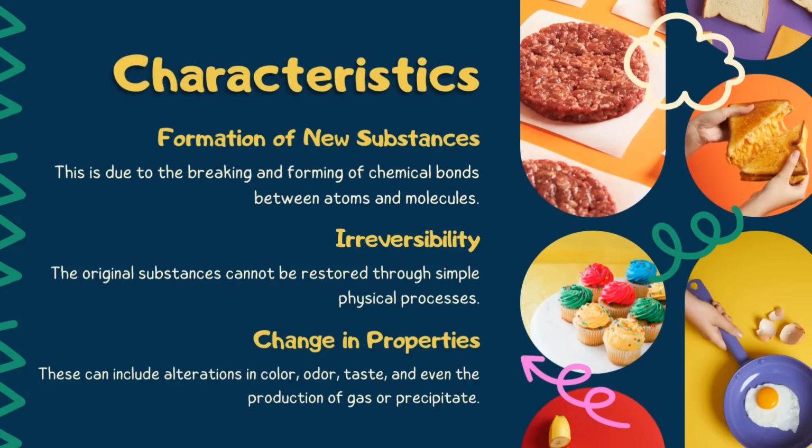If you need to reverse it, you need to apply some chemical processes, and the reversal becomes complex. Now, change in properties. This can include alterations in color, odor, taste, and even the production of gas or precipitate.